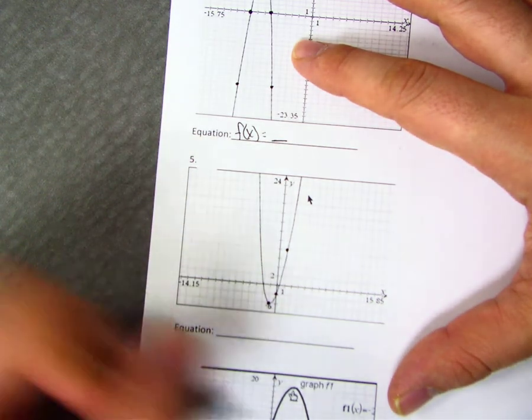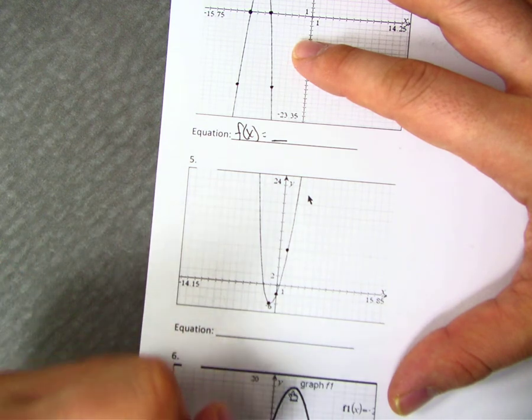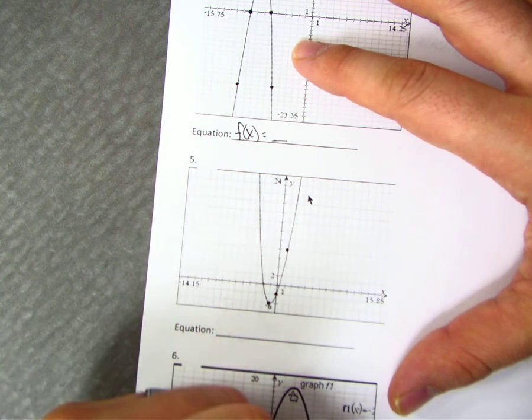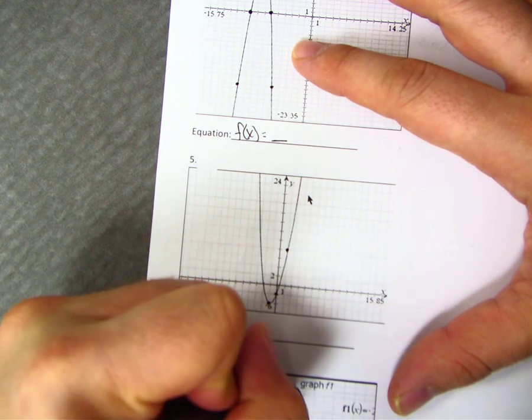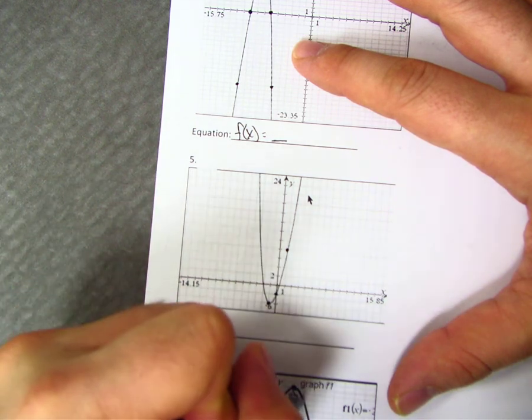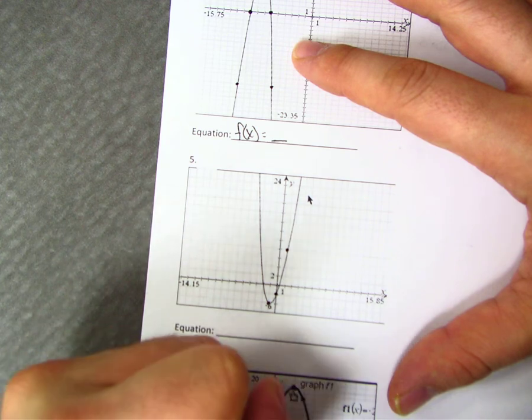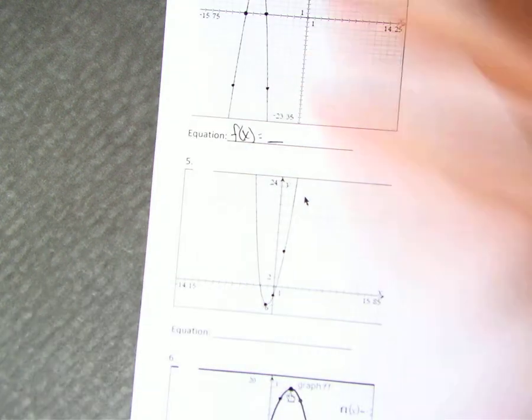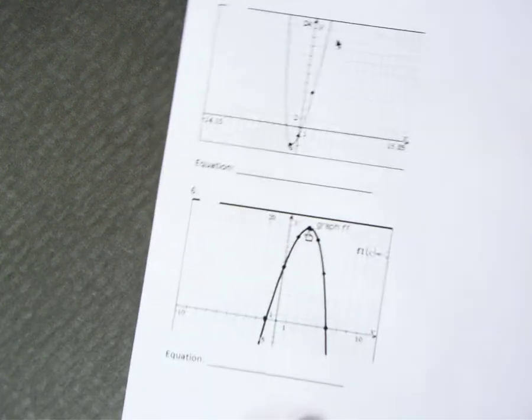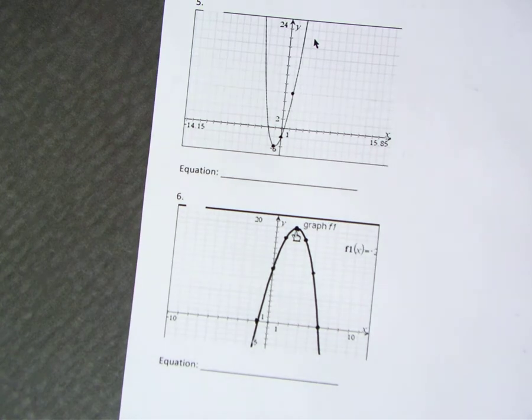On number 6, we've got a value here, a value here, and a value here, and here, a value here, and here. Alright, so use those values to find the functions.